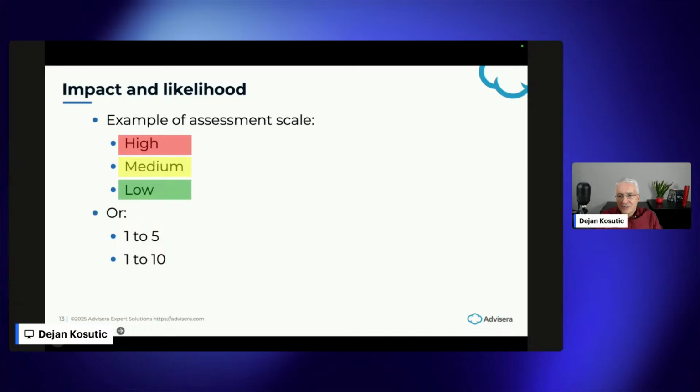As I mentioned, impact is assessed based on the impact on confidentiality, integrity, and availability. For example, say you're an e-commerce company and there is a threat to your online e-commerce site, then you would probably focus the most on the availability aspect.